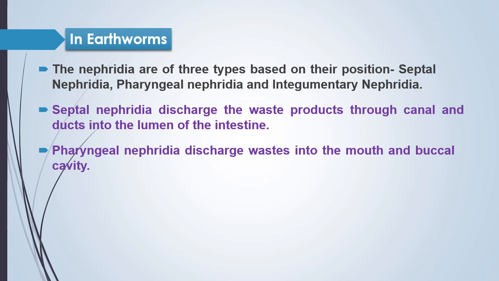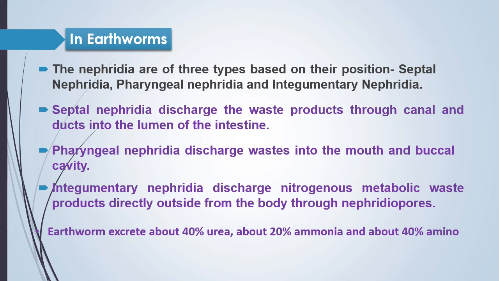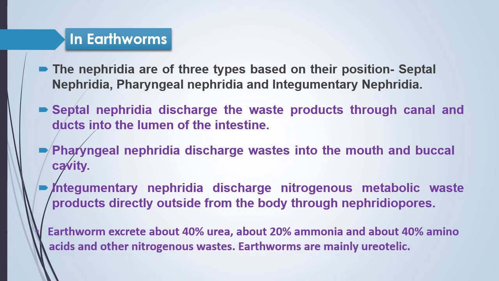The third type, integumentary nephridia, discharge the nitrogenous metabolic waste products directly outside from the body through nephridiopores. So they are called exonephric nephridia. As a whole, earthworms excrete about 40% urea, about 20% ammonia, and about 40% amino acids and other nitrogenous wastes. Earthworms are mainly ureotelic.